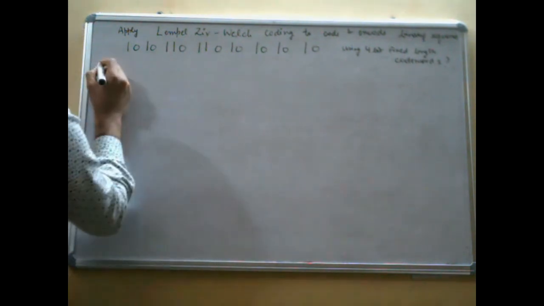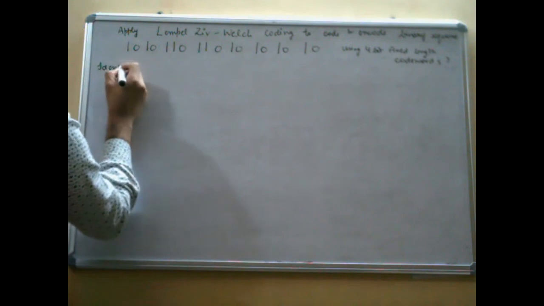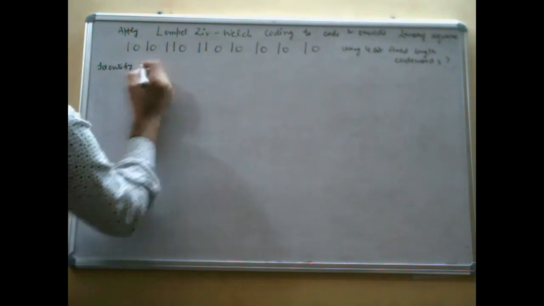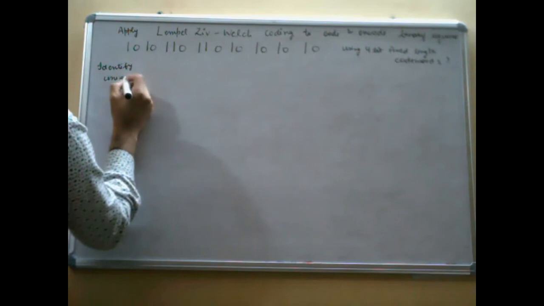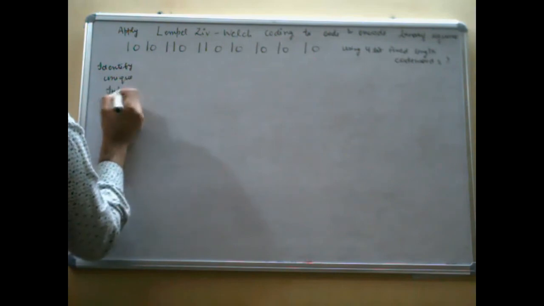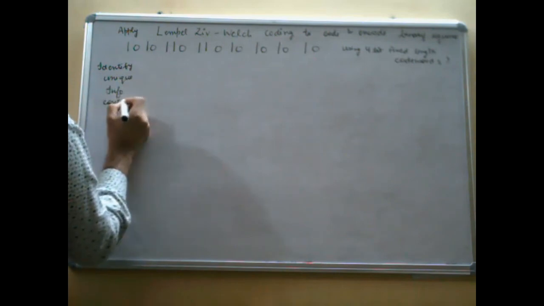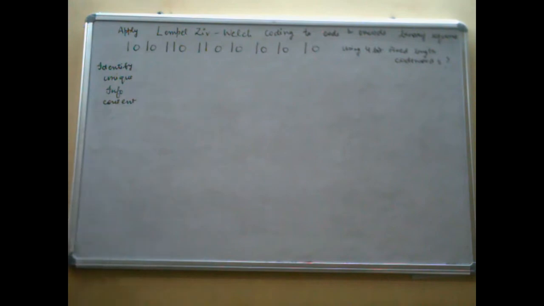Okay, so how to do this? First step is to identify the unique information content out of the given binary sequence.